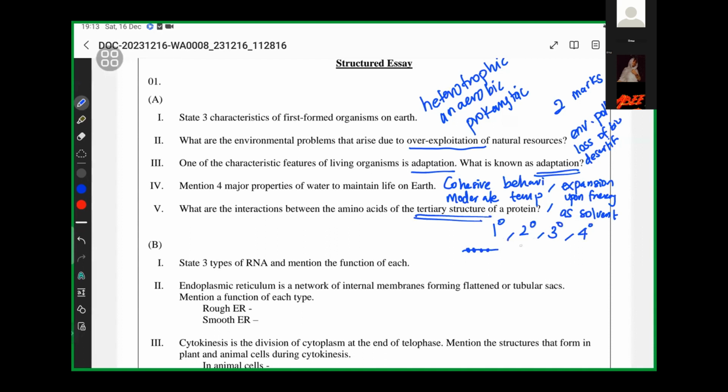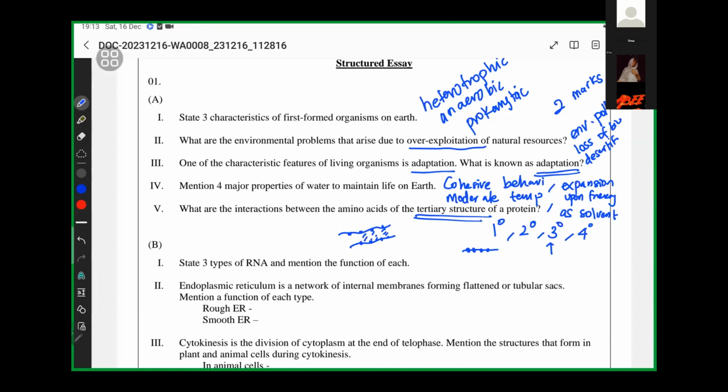The tertiary is 2 or more polypeptides arranged together. If there are a lot of polypeptides arranged together, they might have some sort of interactions between them.